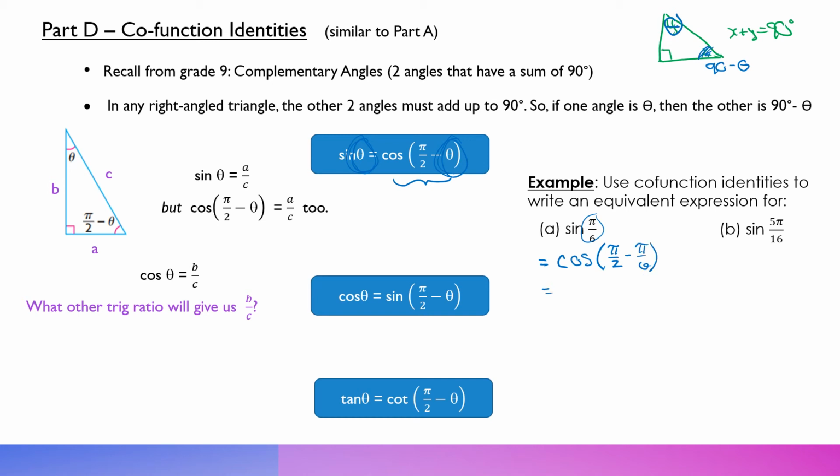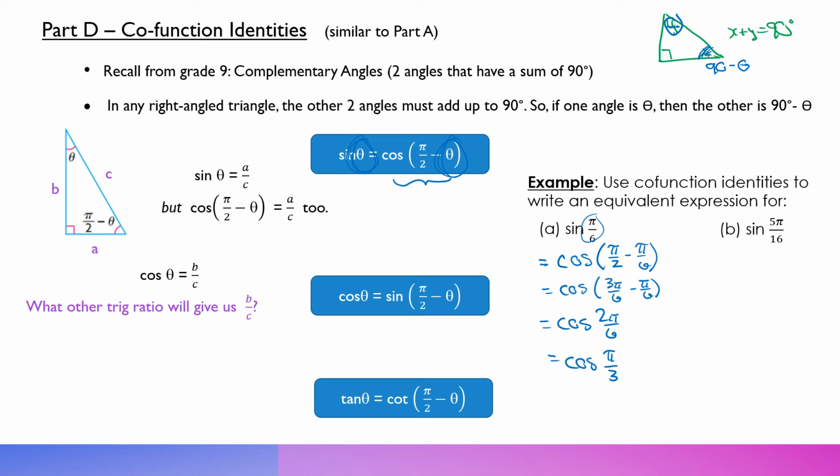And now I just have to do a little bit of work with fractions and get a common denominator, which would be a 6. So this is 3 pi over 6 minus pi over 6. I get cos of 2 pi over 6, which reduces to cos of pi over 3. So that means sine of pi over 6 is equal to cos of pi over 3.